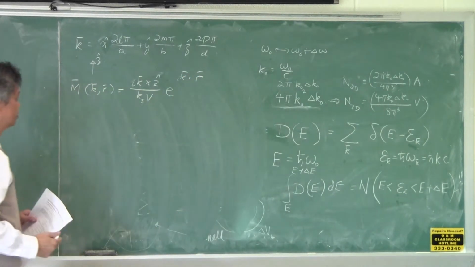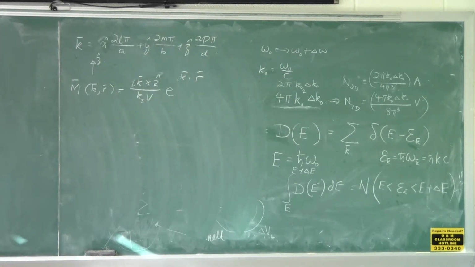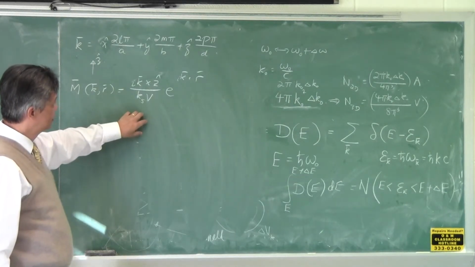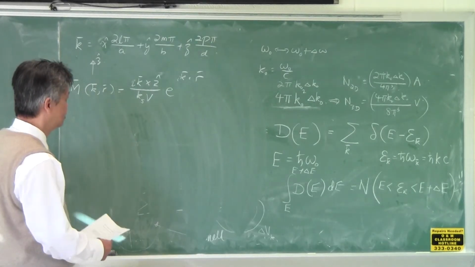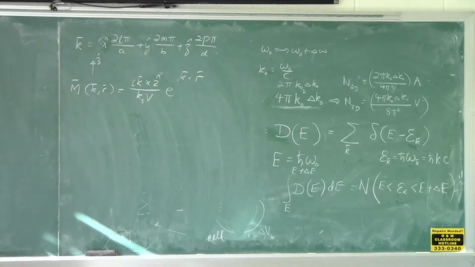It's hard to normalize this vector wave function if the volume is infinite, but for a periodic boundary condition case, in the finite volume V, you can easily prove that this is a normalized vector wave function. It has a property that when you perform this integration, it goes to 1.